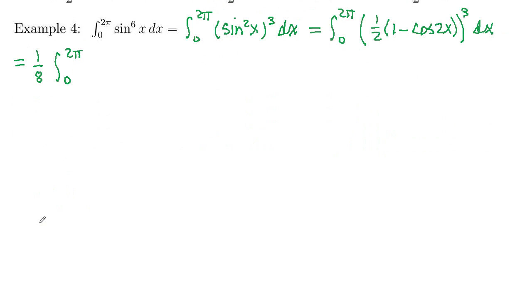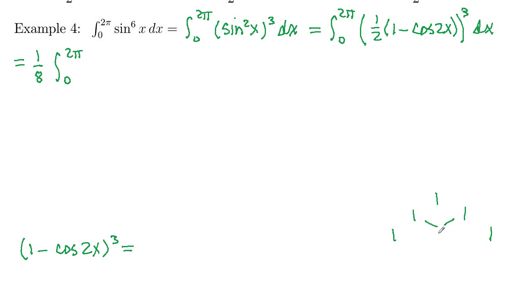We want to compute 1 minus cosine of 2x, and that whole thing gets cubed. We need to use the binomial theorem to do this, or Pascal's triangle if you want. Remember, Pascal's triangle starts with a 1, we've got 1's on the side. You always start with 1's on the side, and then you add the numbers in the middle to get the next entry below.